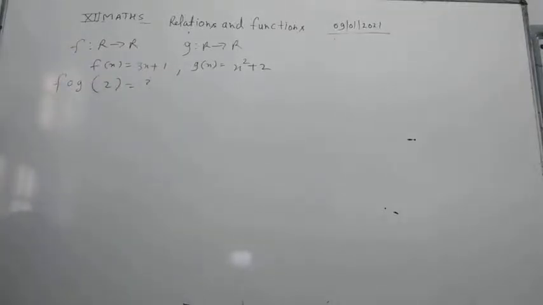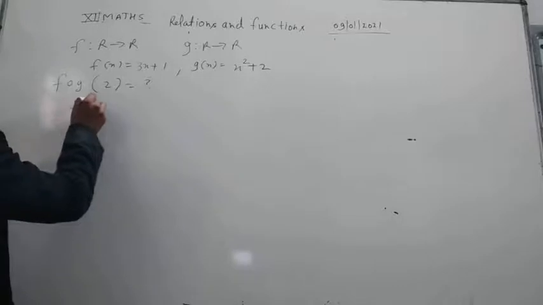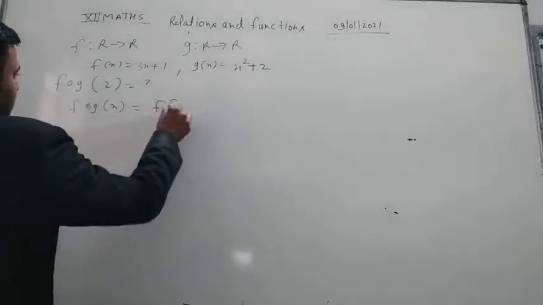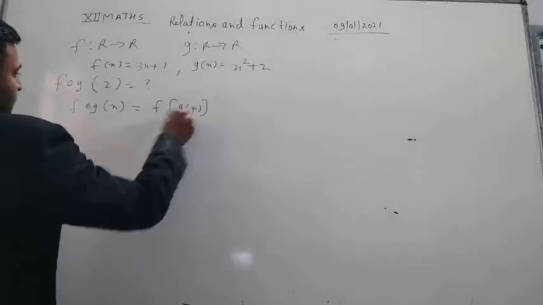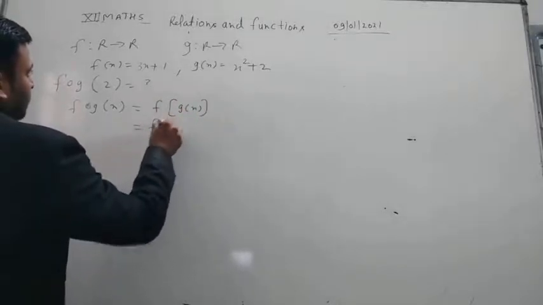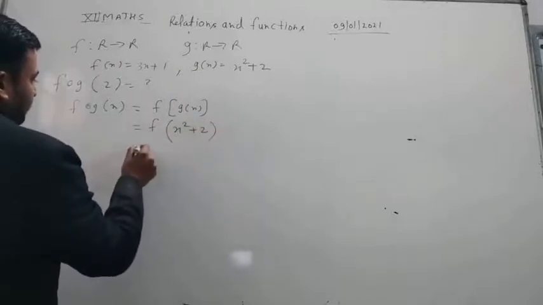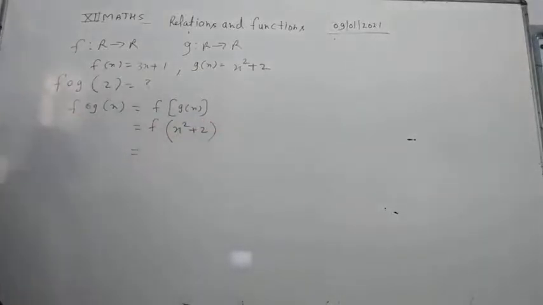First of all, we will find fog of x, and this can be written as f of g(x), and g(x) is x square plus 2.